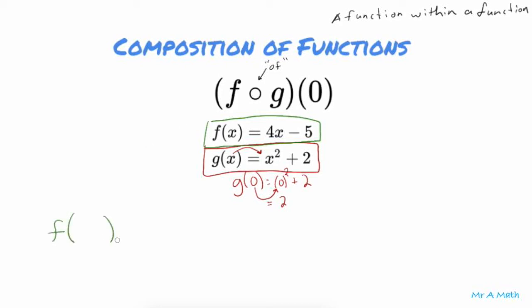So f of, and then I'm going to write g of, instead of g of x, it's g of 0. So I'm going to write g of 0. And remember, my advice is always to work from the inside to the outside.